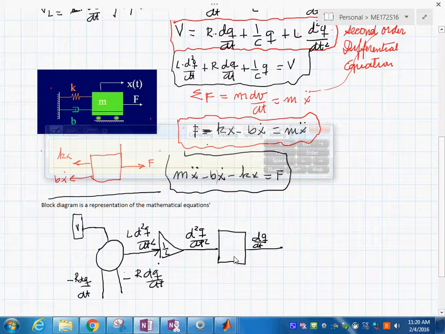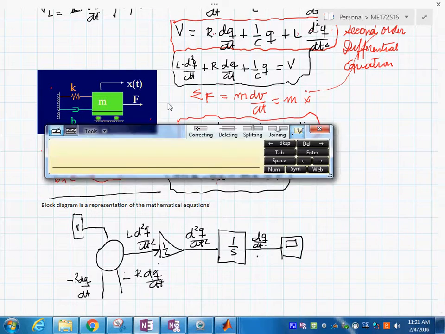And then this dq dt. We need a scope here. Not only do we need the scope, we need another integrator.